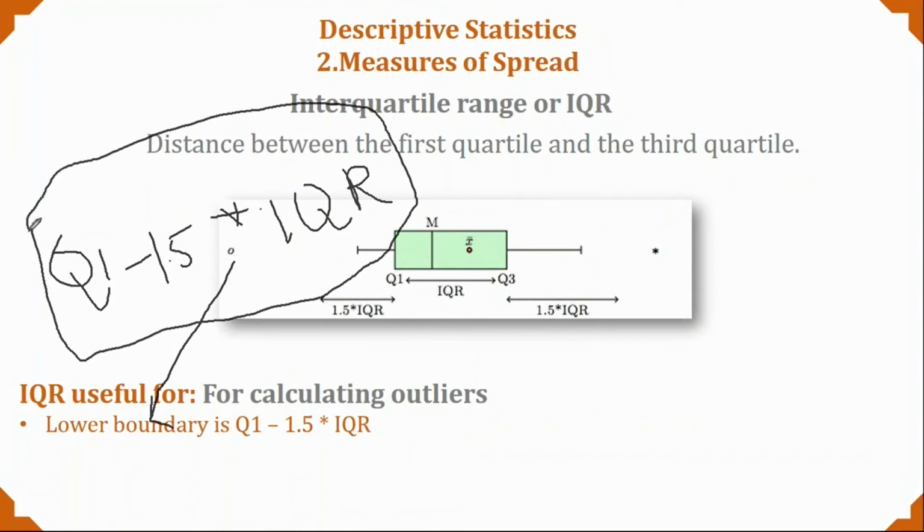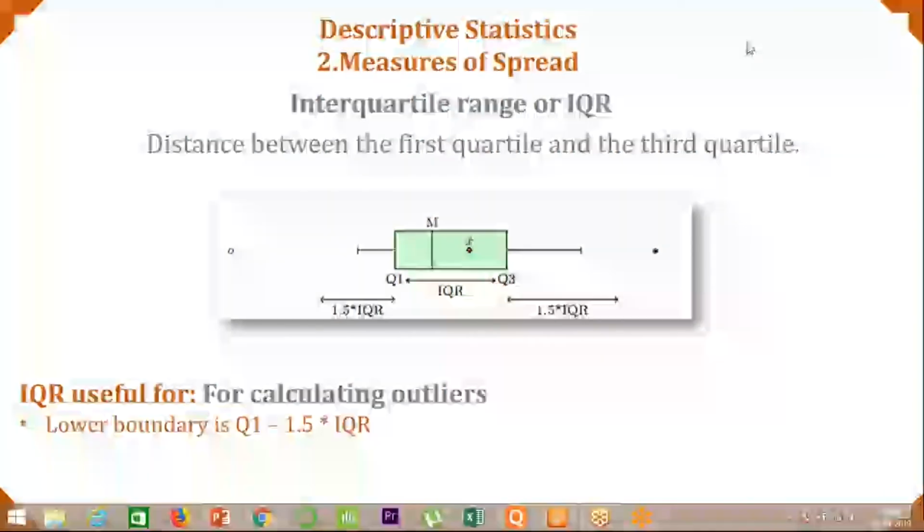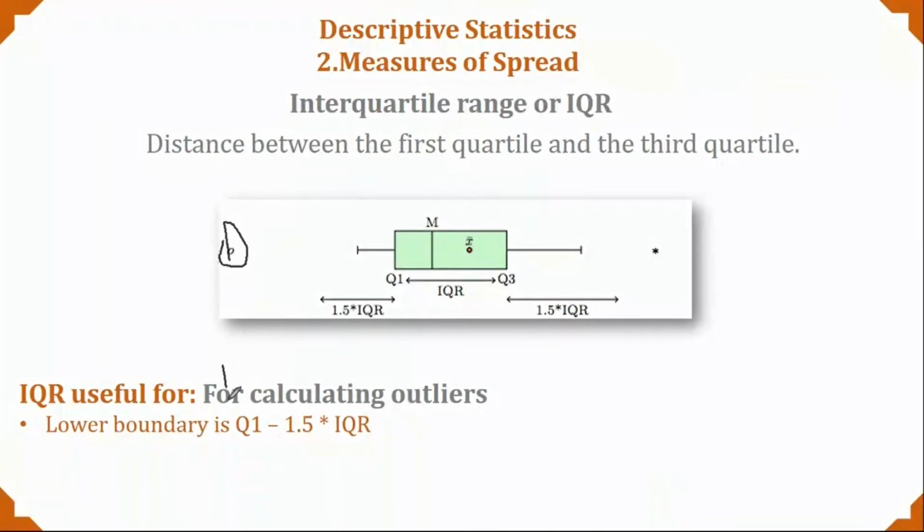I really don't do all the calculations. All I need you to know is that yes, we could calculate with the interquartile range using this particular equation. This equation will help you understand which values are below the boundary. These values come under the lower boundary.